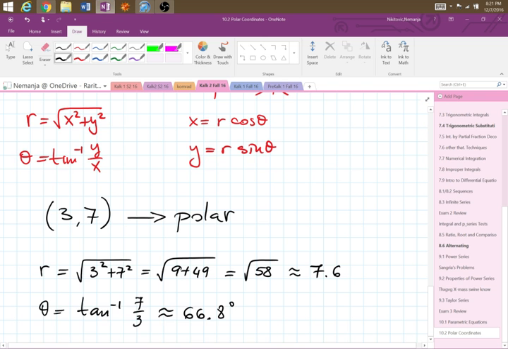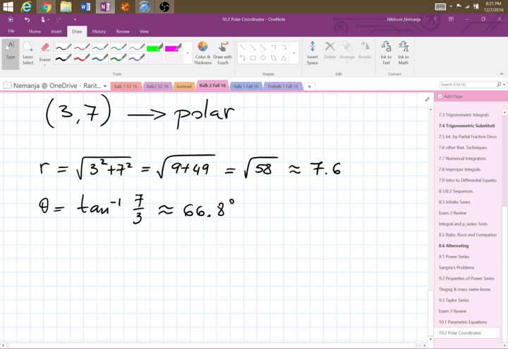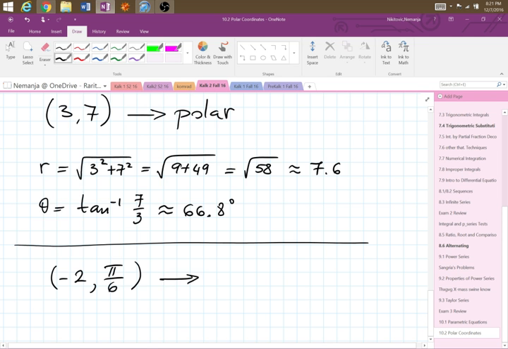All right, let's convert one more and then do something else and be done with this section. So convert negative 2 pi over 6 to Cartesian, rectangular.